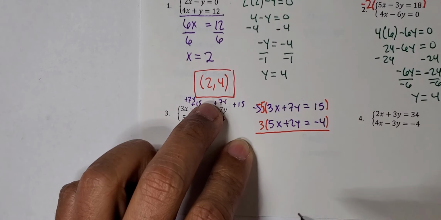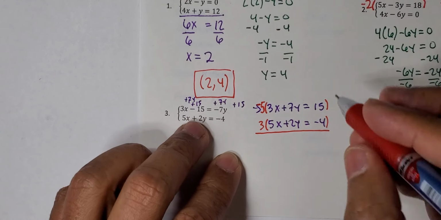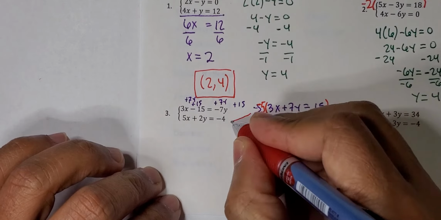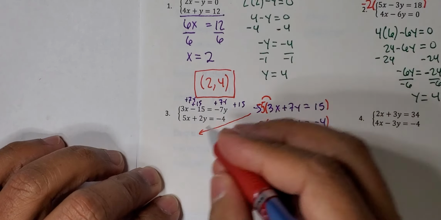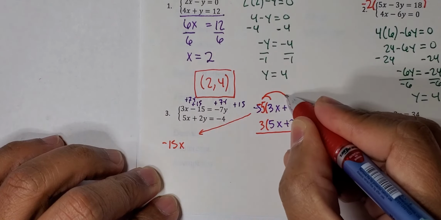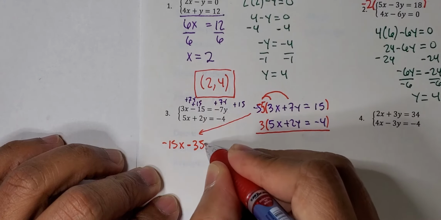So let's see what happens here. For the sake of space, I'm going to bring this over here, because I don't have a lot of space to work with. But negative 5 times 3x is going to be negative 15x. Negative 5 times positive 7y, that's negative 35y.